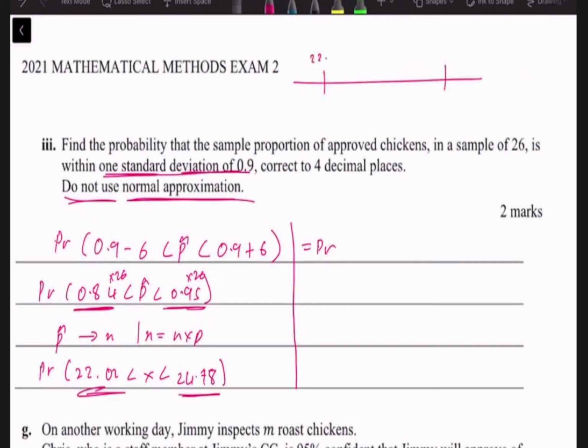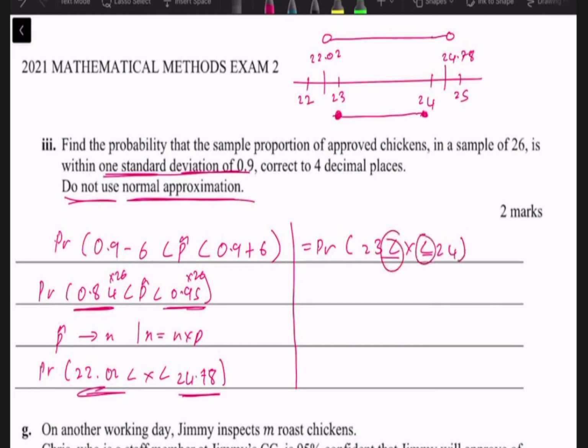We have 22.02, and the closest would be 22 and 23. The other one is 24.78, and the surrounding is 25 and 24. So we're going from here to here. You can see the numbers we're going to include is from 23 to 24, so finding between 23 to 24 inclusive.